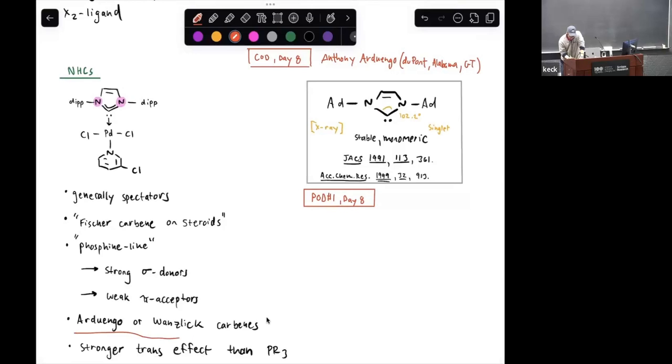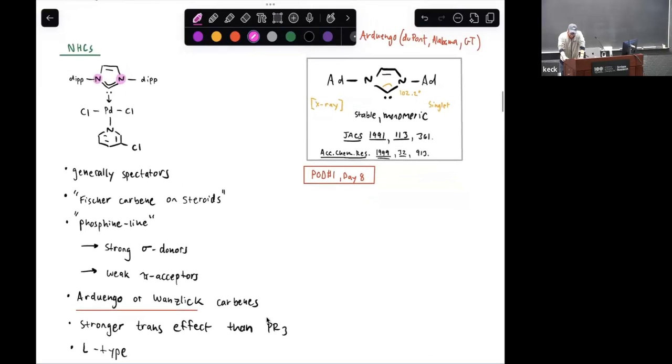They're called Arduengo or Wanzlick type carbenes. And I've actually made one of these myself. It's kind of an odd story. So these are singlet in their ground state, stable, monomeric. This made a big splash and has continued to reverberate in the community.